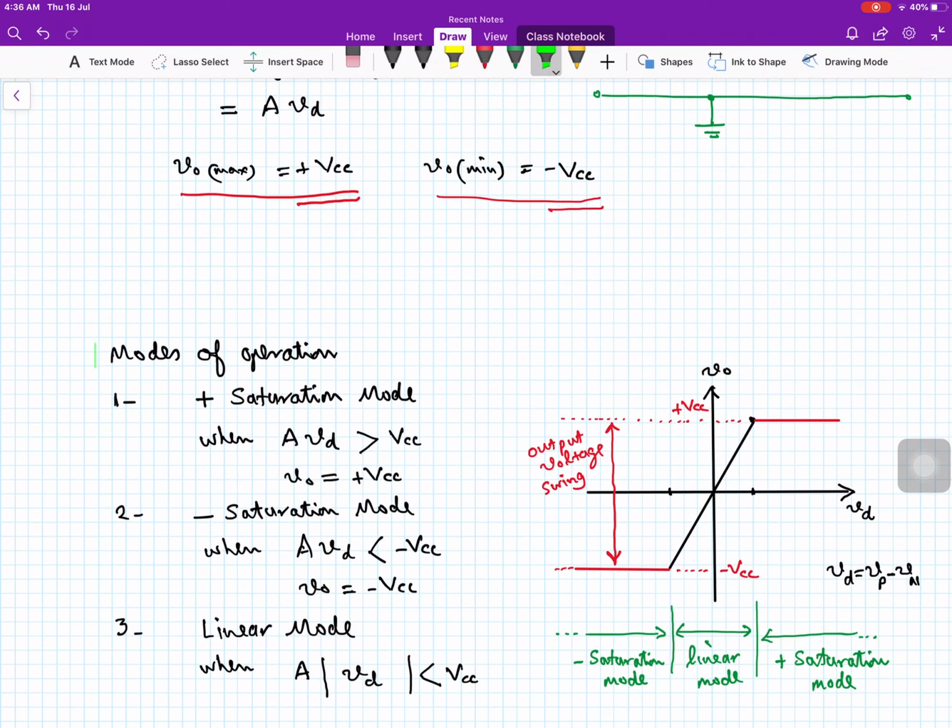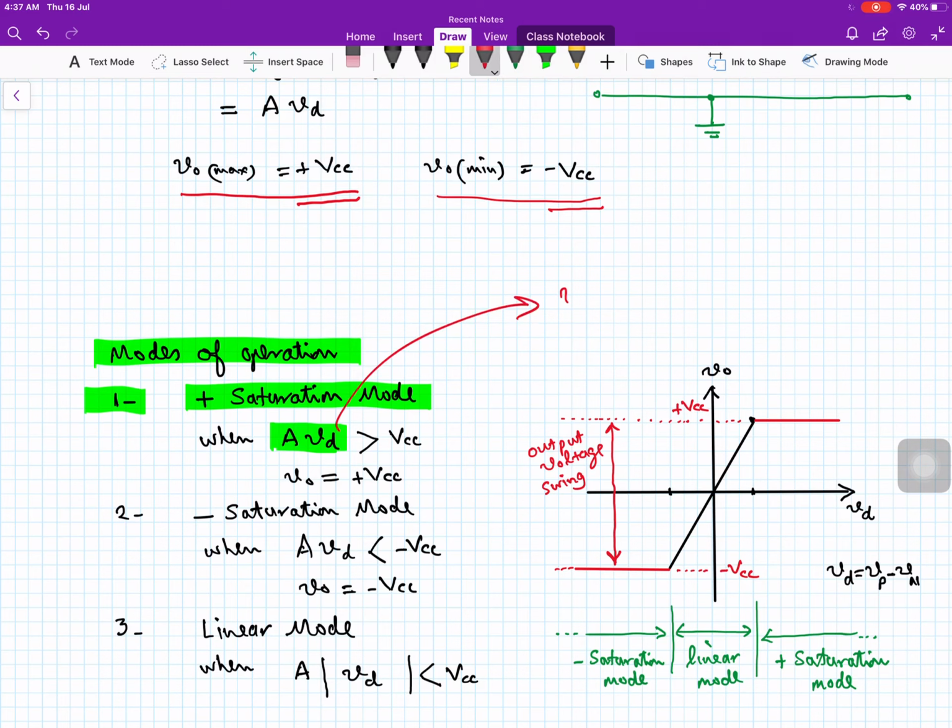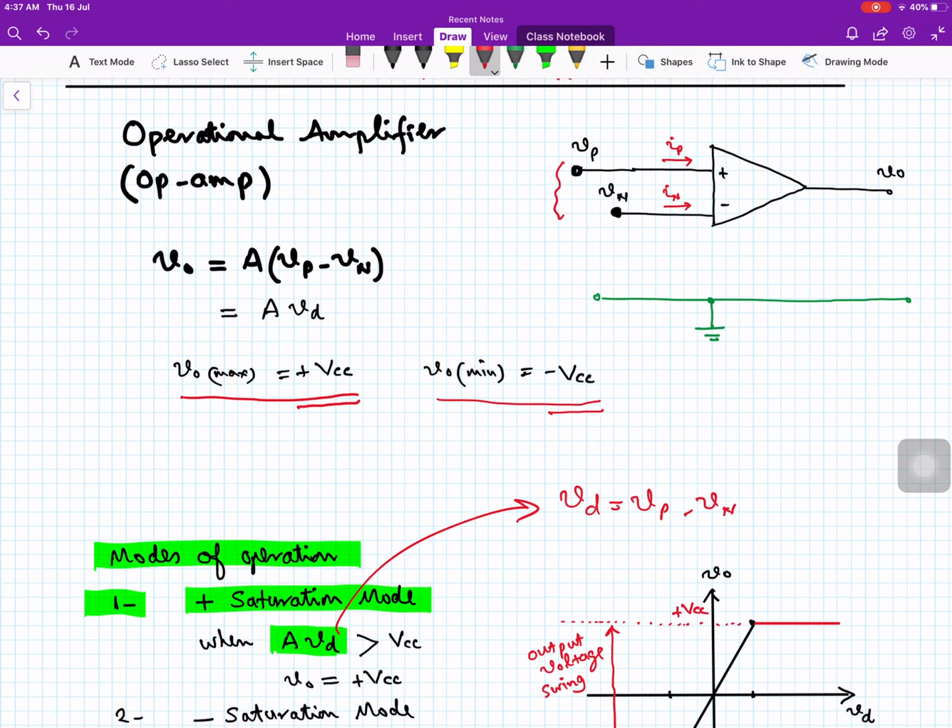Operational amplifiers can operate in three modes. Mode number one is known as plus saturation mode. Again, VD is the voltage difference between VP and VN. This is very important: the voltage difference between these two inputs.